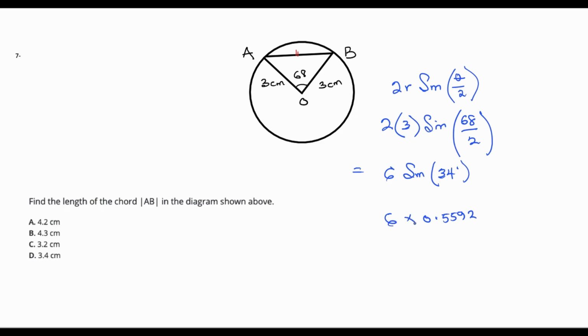And 6 times that equals 3.3552 centimeters. So if we approximate that, that's equal to 3.4. So our answer here is D.